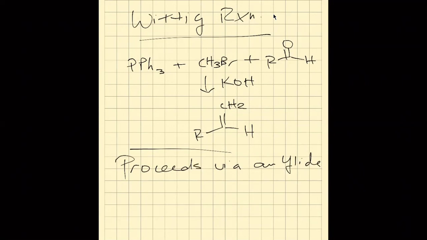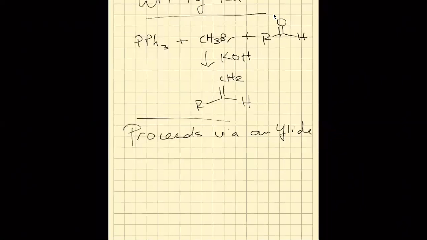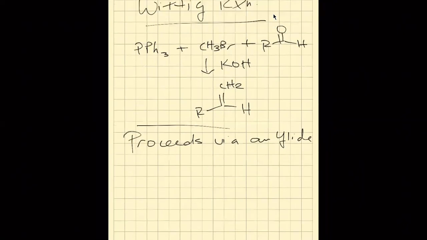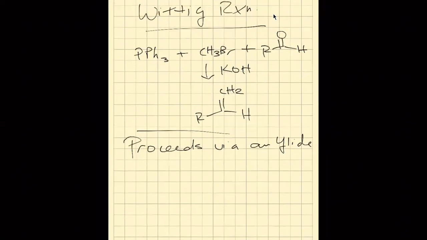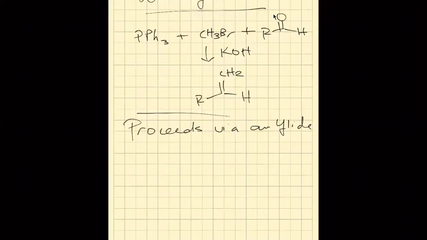So the ylide is basically the product of the triphenylphosphine, the alkyl halide, and the base, right? So let me show you what happens there, and then we're going to talk about the reaction itself. So you make your ylide by triphenylphosphine attacking your alkyl halide, like so, at the carbon.